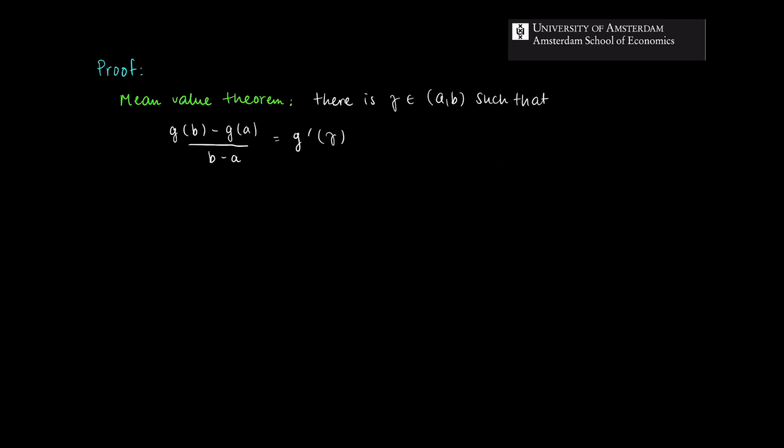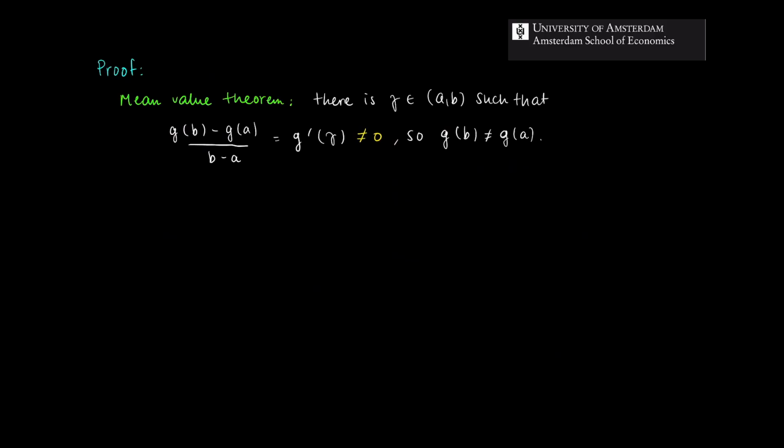Now realize that we assume the derivative of g does not vanish, so this is always unequal to 0. Since b is not equal to a, we also know that g(b) is not equal to g(a). So we can divide by g(b) minus g(a), as this is a non-zero number.